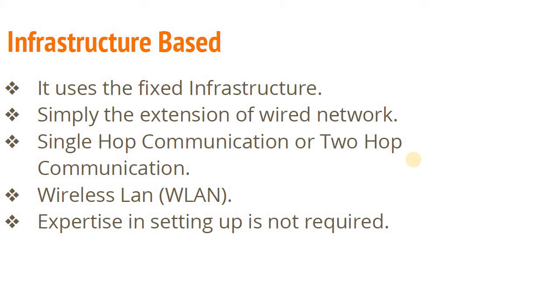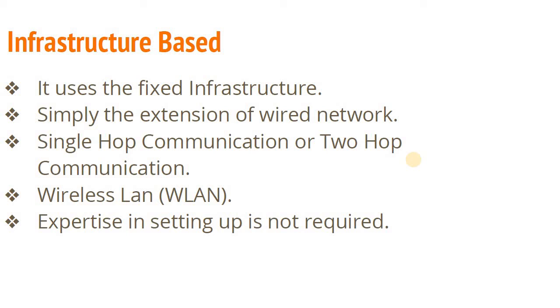It is simply the extension of the wired network, this point is already explained by me, that the wireless network is the extension of the wired network. But in the wired network there is a lining of cables and switches, whereas in the wireless network we do not need cables, you just have to place the wireless adapters.